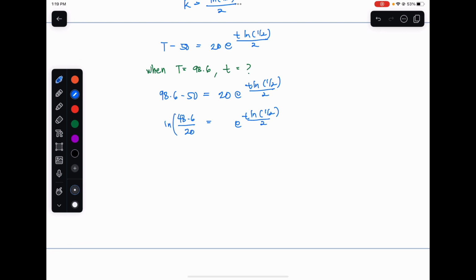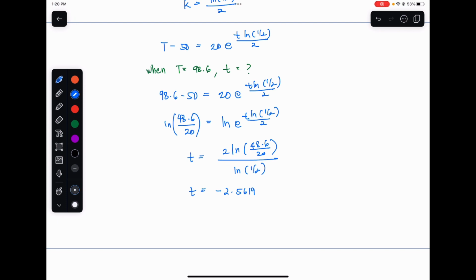Take ln of both sides, giving us t equivalent to 2 ln of 48.6 over 20 divided by ln of 1/2. Finally, we get a time equivalent to negative 2.5619 hours. That means 2.5619 hours earlier than 8 p.m.